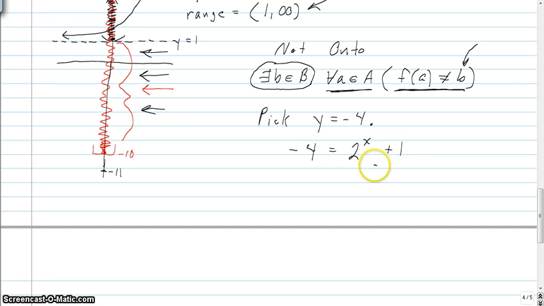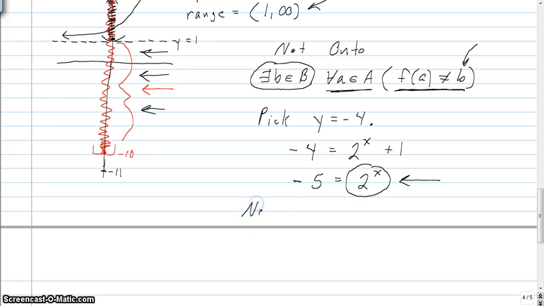If I subtract 1 from both sides, remember that the basic exponential function, 2 to the x, any number to the x, is always positive. You can't think of any exponent that's going to make that number negative. So there's no solution to this equation. There is no x value that's going to make that work. And that's what we wanted to show.